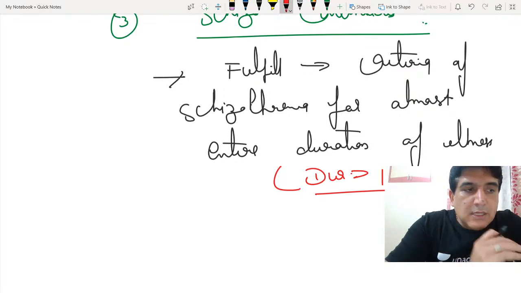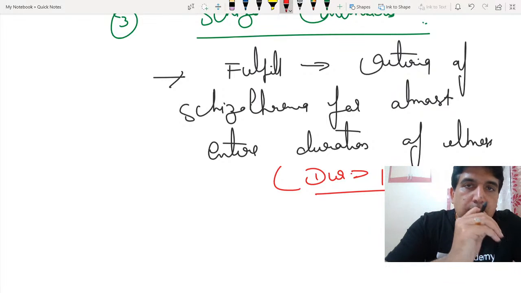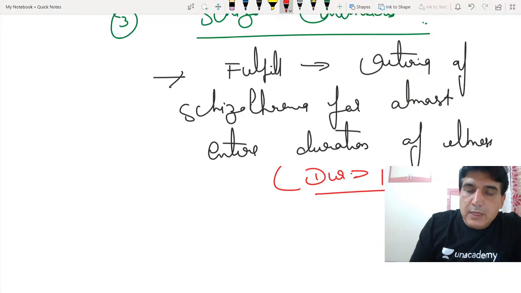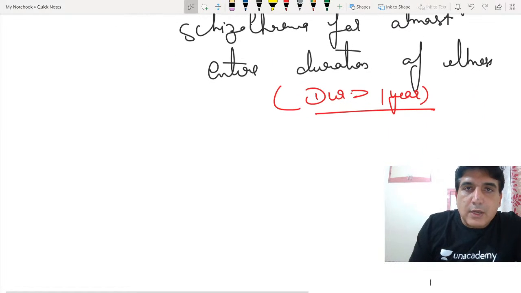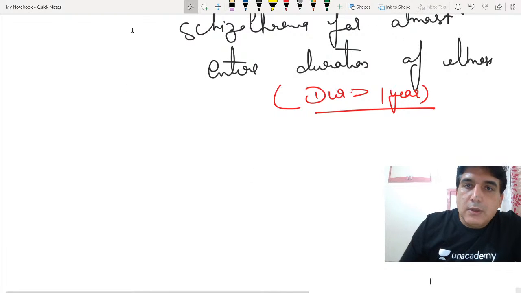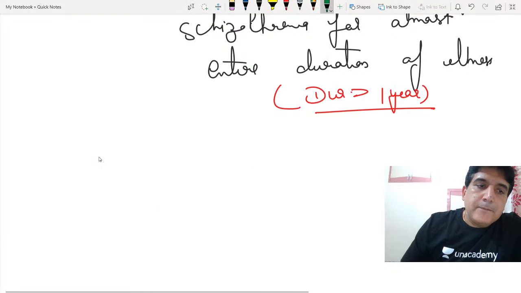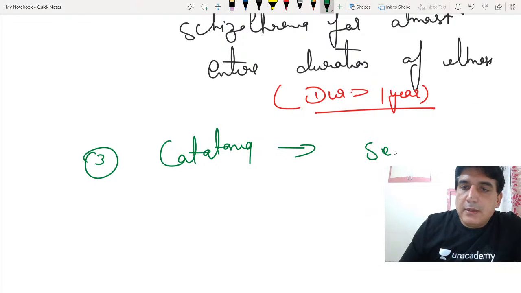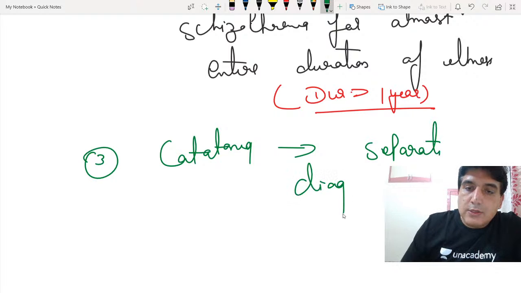So there are these important changes in schizophrenia. Two I already told you: subtypes of schizophrenia have been removed and course of illness has been divided. The third important point is that catatonia has been made a separate diagnostic category.